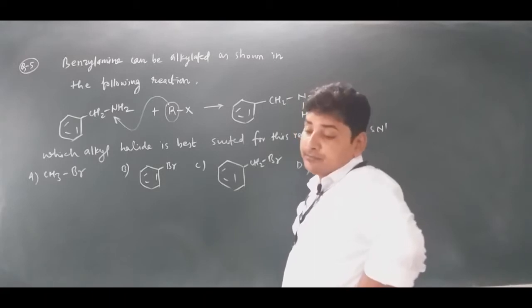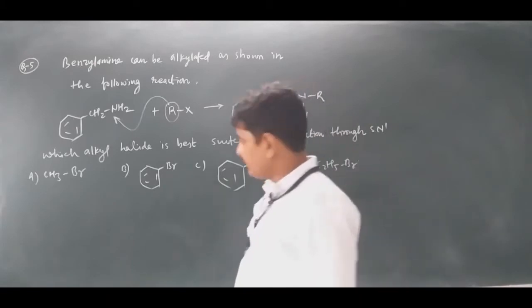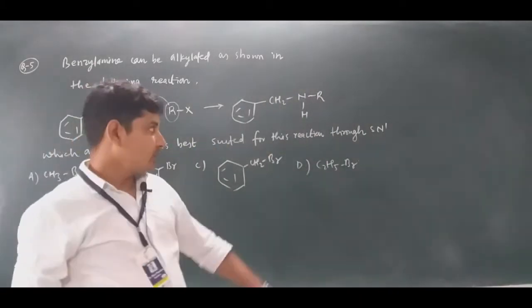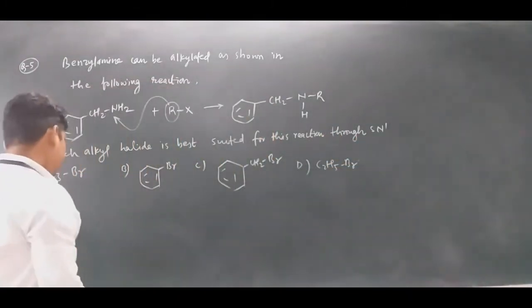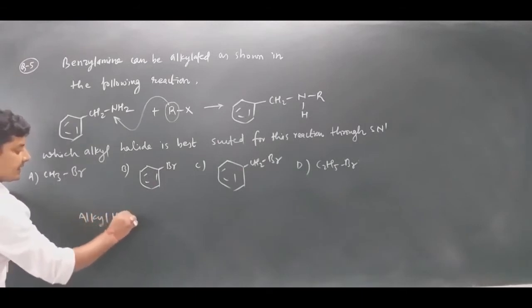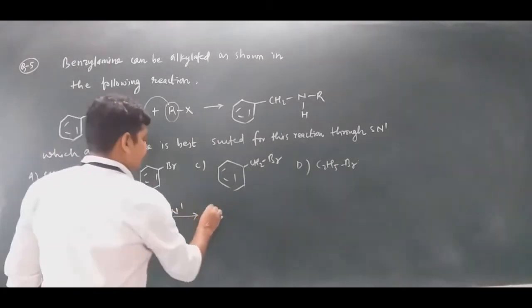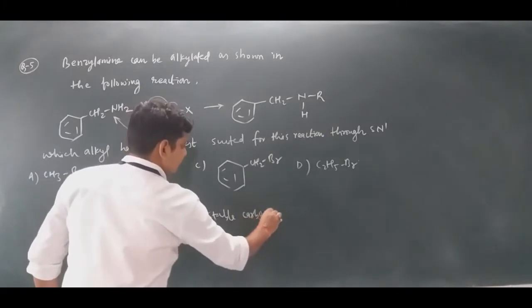How to solve the problem? Before we go to answer this question, we should know about SN1. What is happening in that? In SN1, alkyl halide in the SN1 path gives a stable carbocation.